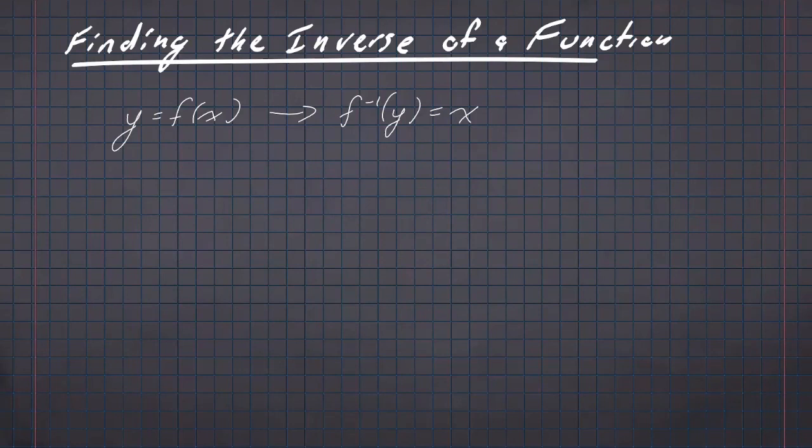In fact, that's the way I tend to think about inverses. If I write my function as y equals f of x, and I solve for x, then the expression I have for y is the inverse. Although generally speaking, we always talk about a function and its inverse as functions of x. It's always f of x.